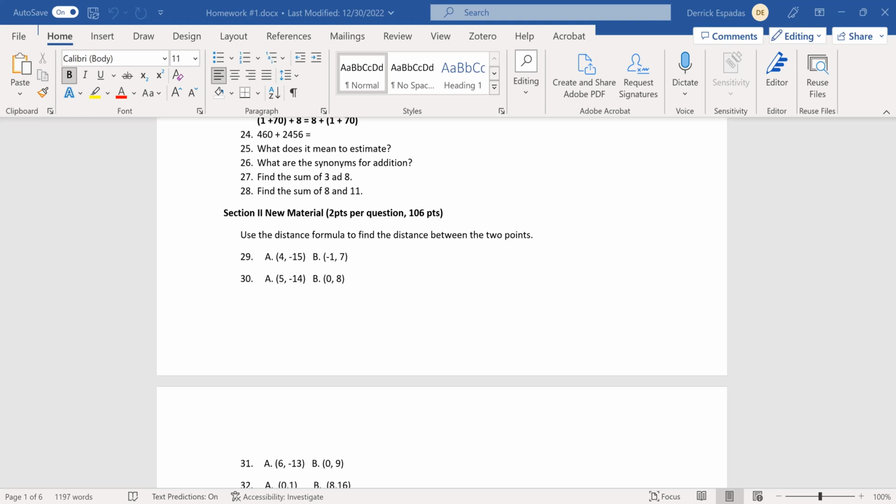So 13 times 13, 169, plus 36, 205. That's going to equal 205. And then we're going to see what the square root of that is. It's 14.31 or 14.38, if we round it properly.